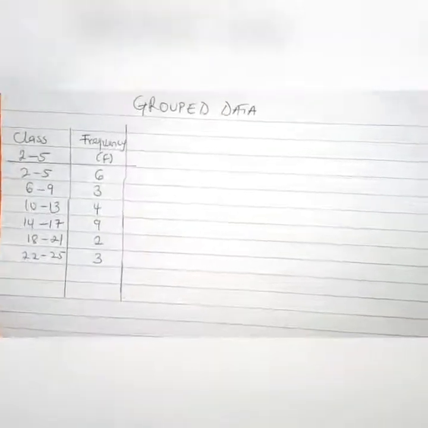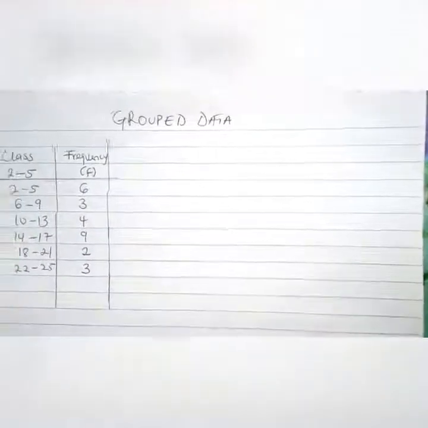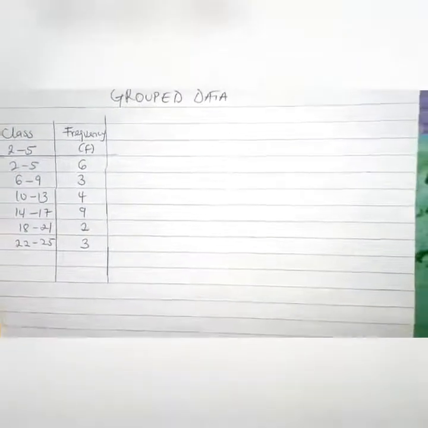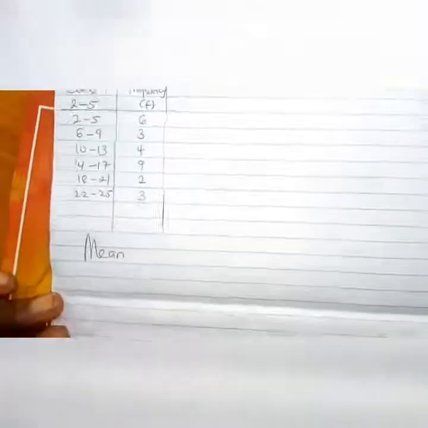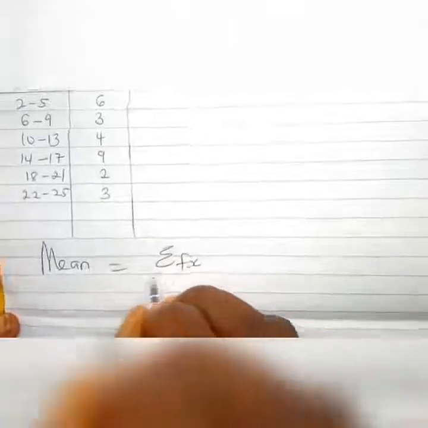So what is the formula for the mean of grouped data, the formula for the median of grouped data, and the formula for the mode of grouped data? For the mean, it is still the same: summation fx over summation f.